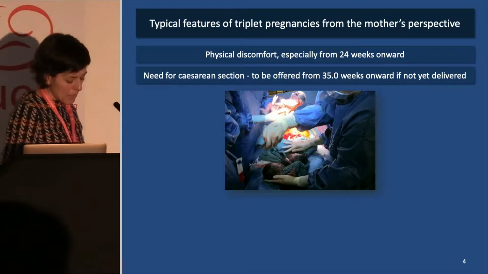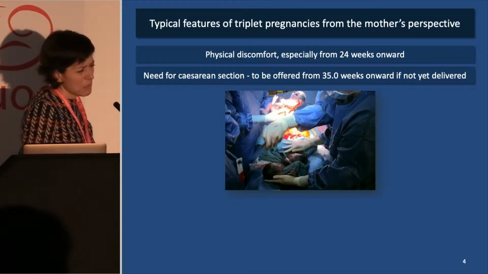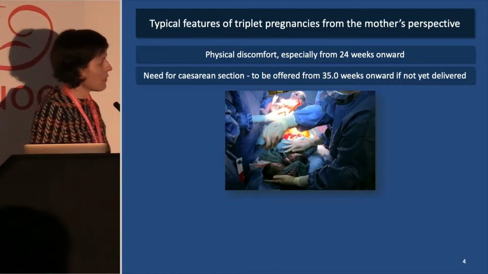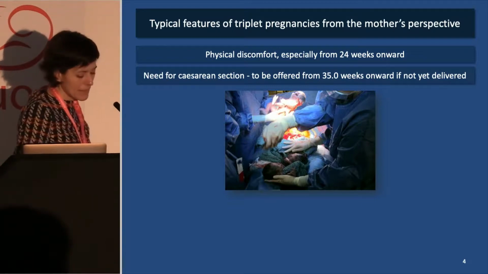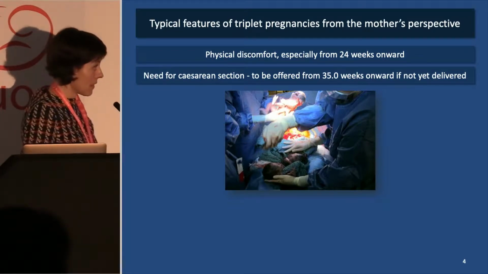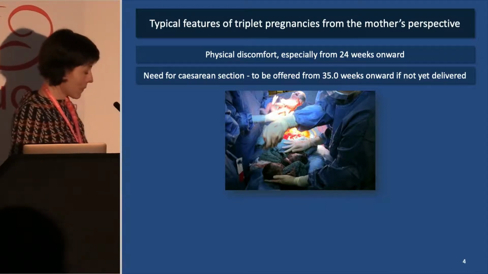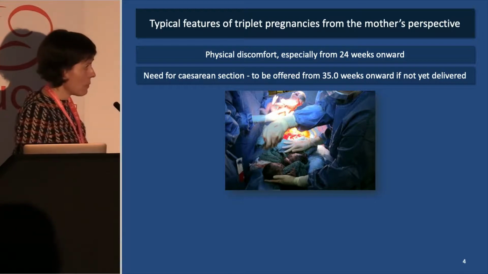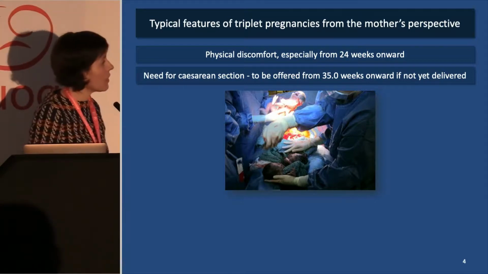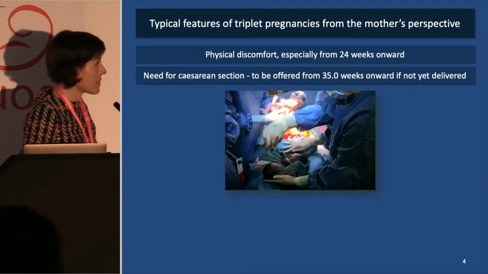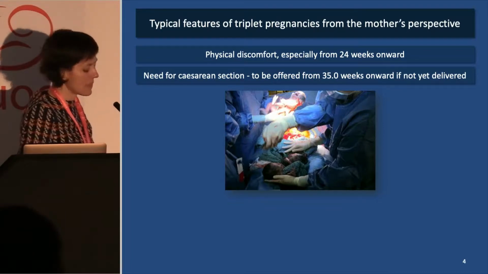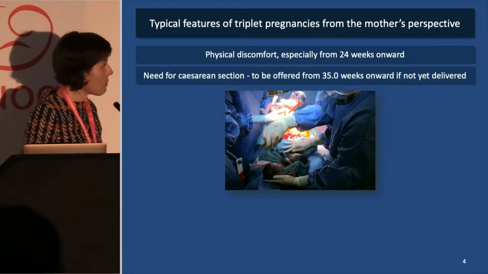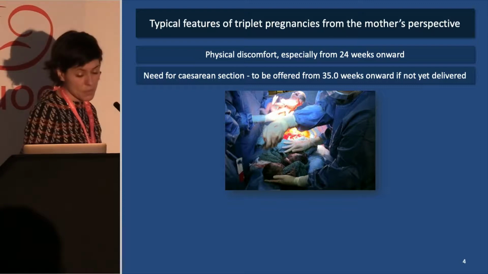Now, the reason why we don't attempt a vaginal birth under normal circumstances in a triplet pregnancy is because in only a minority will the babies be in a good position for a vaginal birth, and also from studies we know that the likelihood of achieving a successful vaginal birth is quite low in a triplet setting, and probably the risk for mom of having major hemorrhage is also increased.